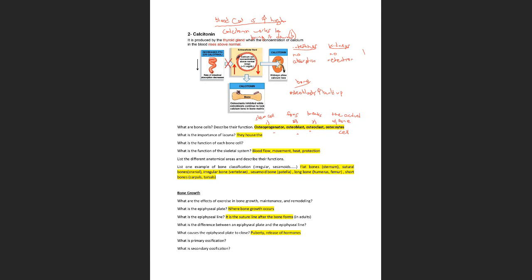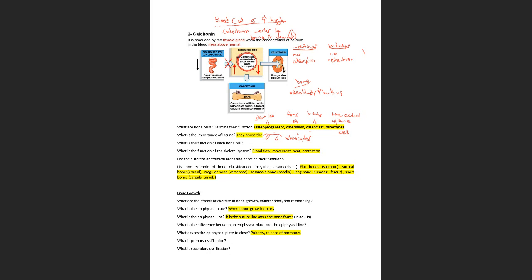Now, the importance of the lacuna. The lacunae are these small little spaces, these hollow spaces found in the bone, okay? And they house the osteocytes. So inside of those little holes, we have the actual bone cells living inside of them.